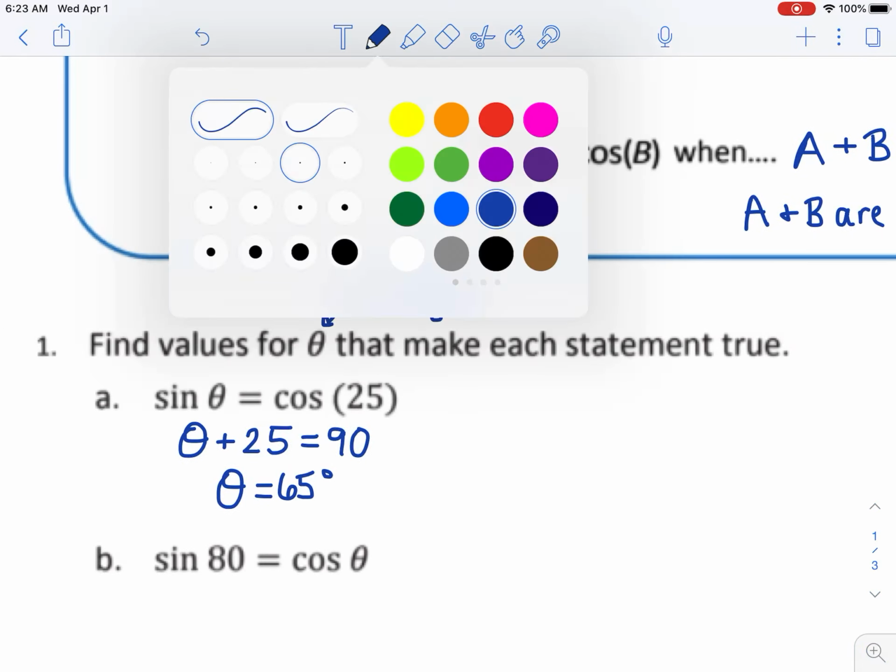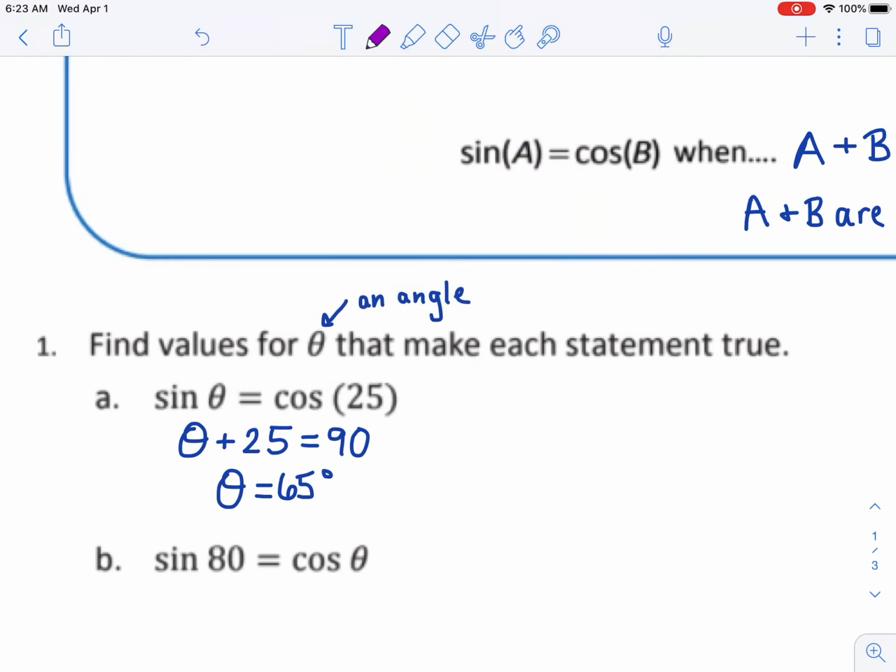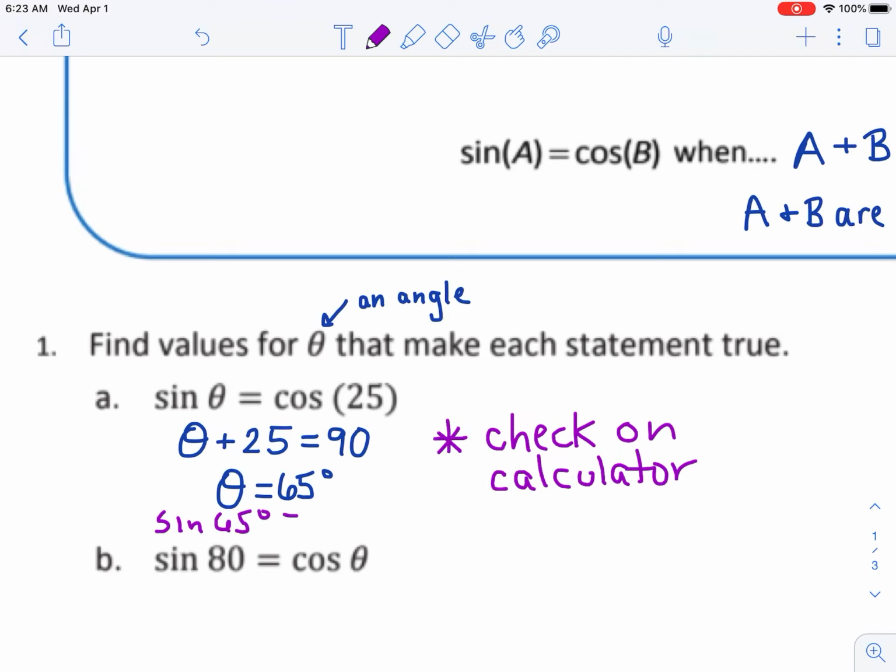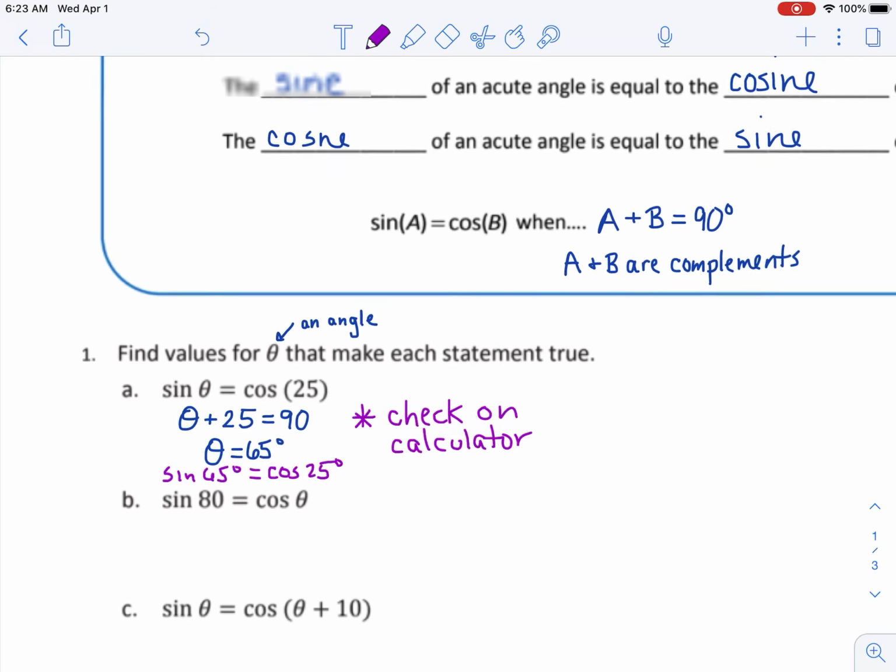You can get your calculator out and check. You'll always have your calculator right there, so you can always check. Put the sine of 65 degrees in your calculator, hit enter. Then do the cosine of 25 degrees, put it in your calculator, hit enter. You should end up with the same exact value.